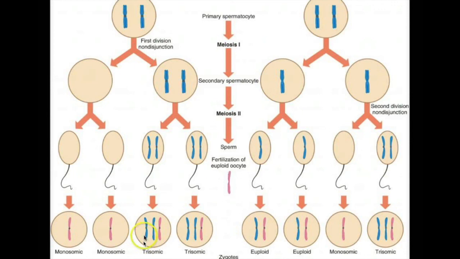I've got 3 chromosomes. Therefore, this pair would have 3, and from 46 I would go to 47, and this is called trisomy. For instance, people with Down syndrome have an extra chromosome 21, or they can be monosomic.